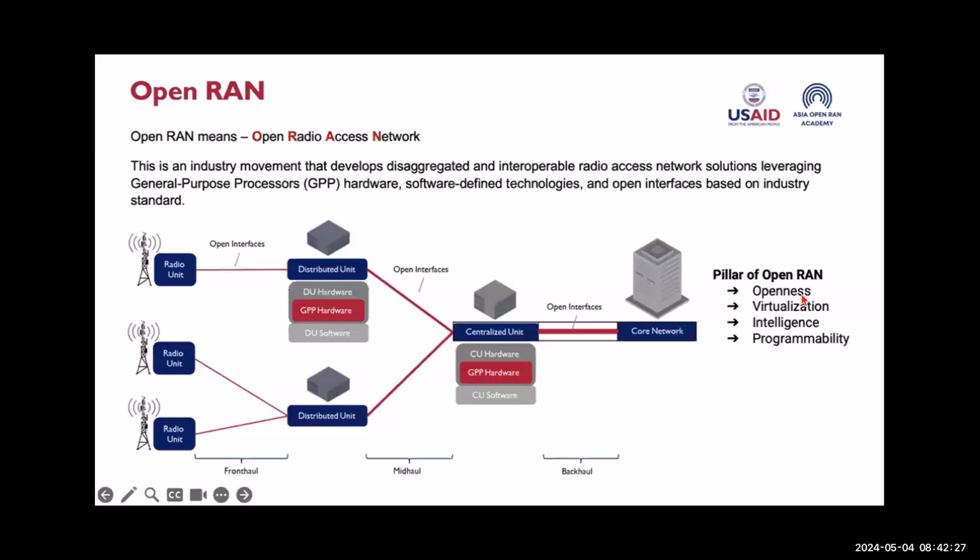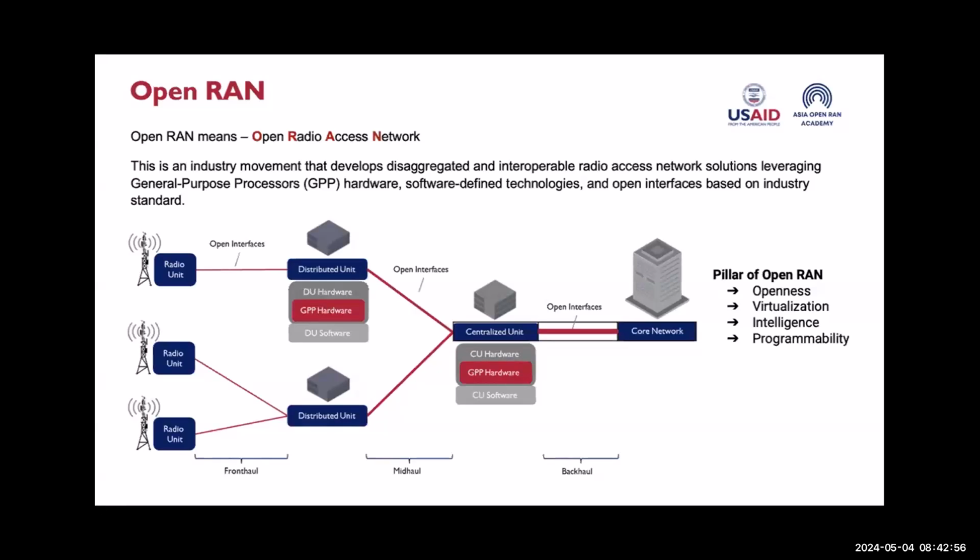So that is also based on industry standard. So what are those industry standards? Particularly the 3GPP. So there would be no difference of specifications on the 5G, especially on the radio access network, compared to the specifications defined by the Open RAN. So if the specifications already exist, the O-RAN Alliance does not need to come up with a new specification.